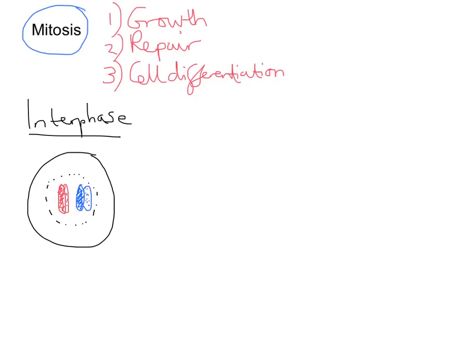Now, just to be clear, in each pair of chromosomes, in the 23 pairs, one comes from mother, so we call it the maternal chromosome, and one comes from father, the paternal chromosome. So in this, we'll say the maternal chromosome is the red one, and we'll say the paternal one is the blue. So in interphase, we've had this growth of the cell and replication of the DNA, and that's why we can see a replicated maternal and paternal chromosome here.